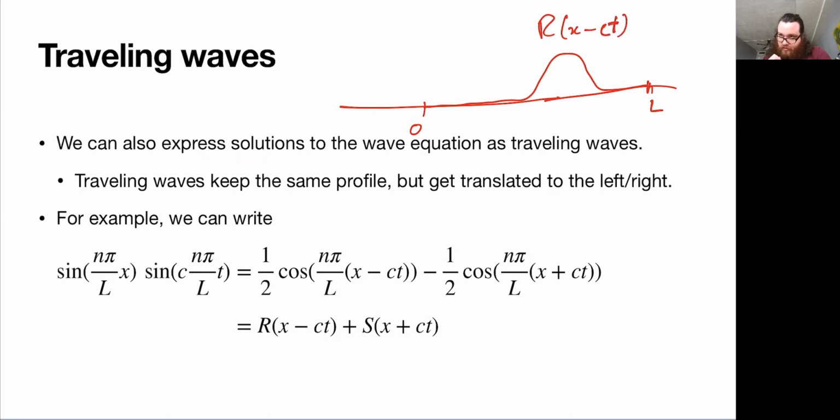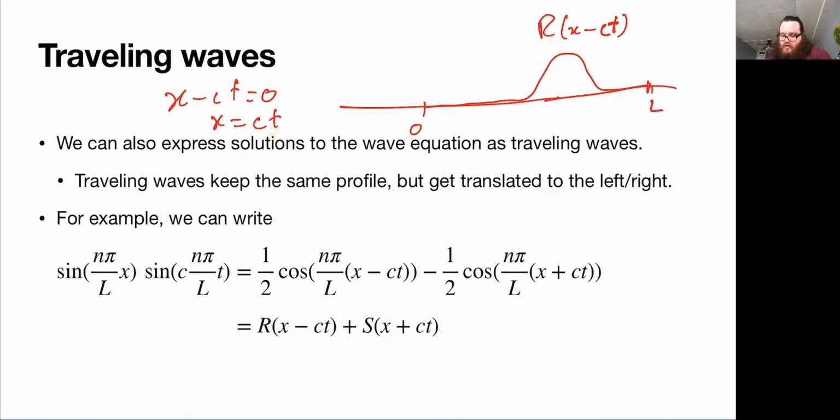I'm trying to figure out which direction this is going. So x minus CT, set that to be 0. Then x is going to be CT.